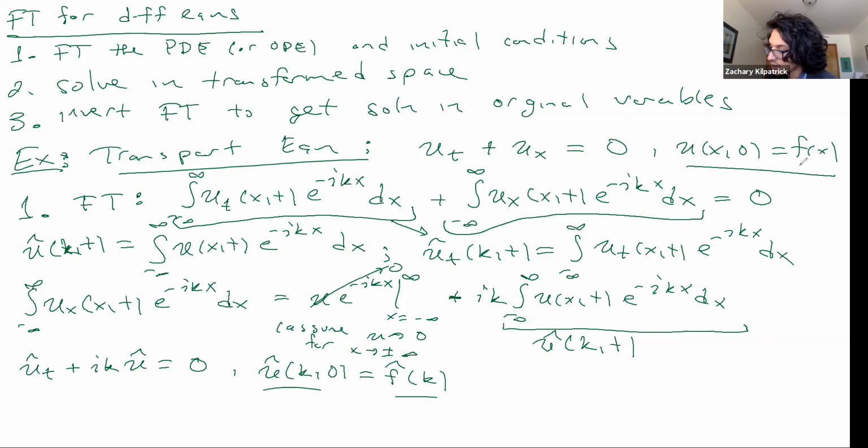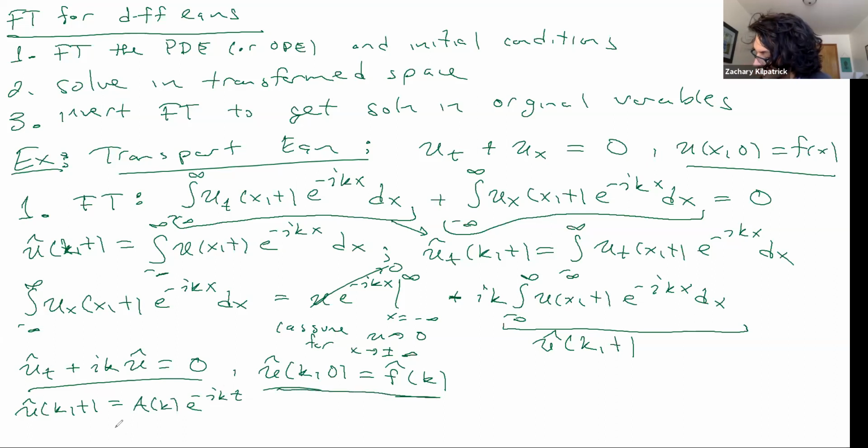Okay, so now how do we solve this? Well, we just use principles of linear ordinary differential equations, and we end up with u hat(k,t) equal to a(k) e to the minus ikt in this case, because if I differentiate this, I'll get a cancellation there.